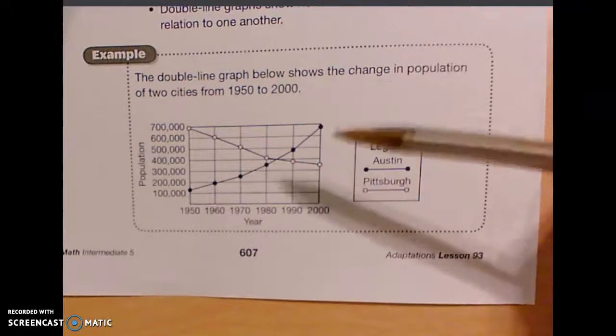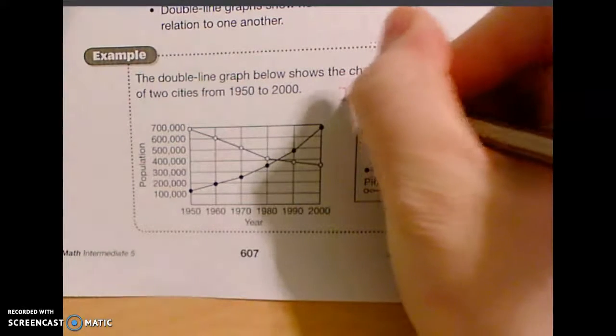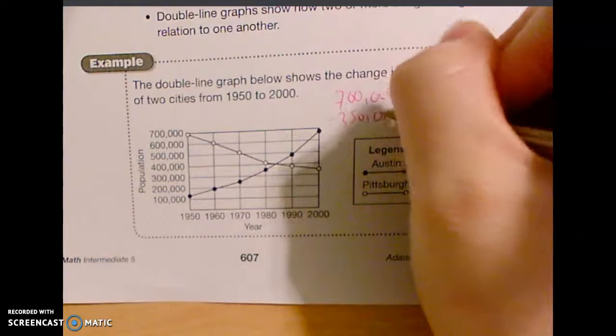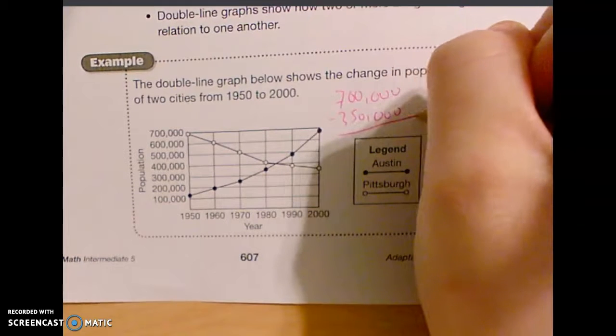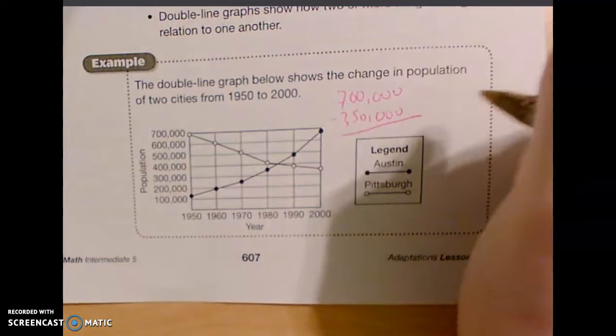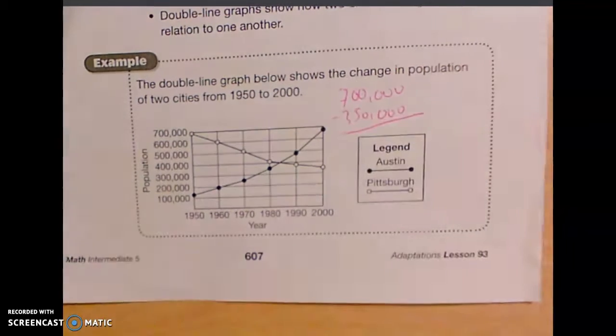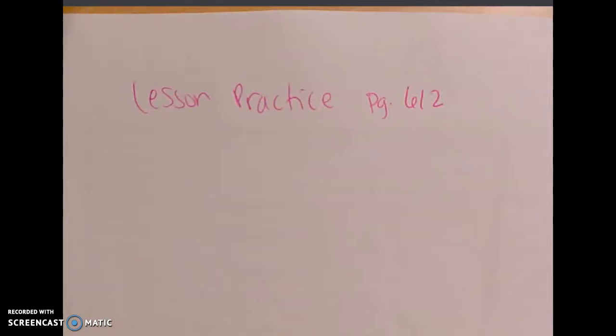So all we do, we subtract the 350,000 from 700,000. That is a huge decline. So that's approximately 350,000. Wow.